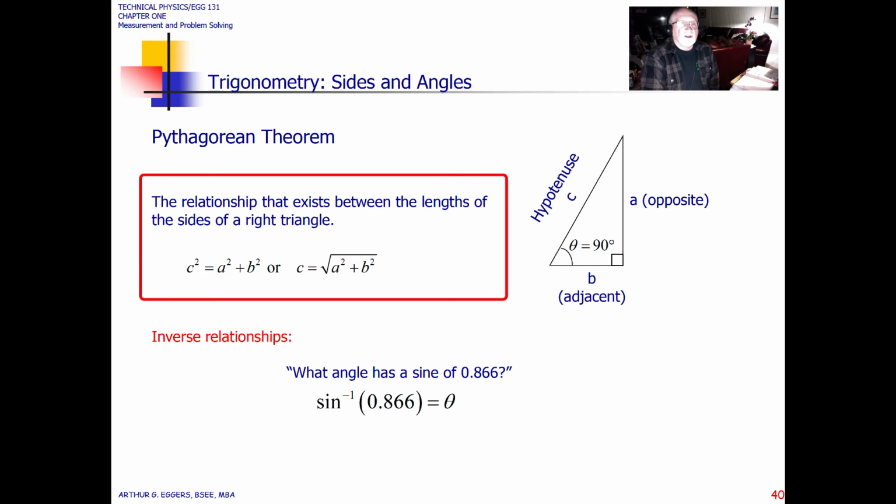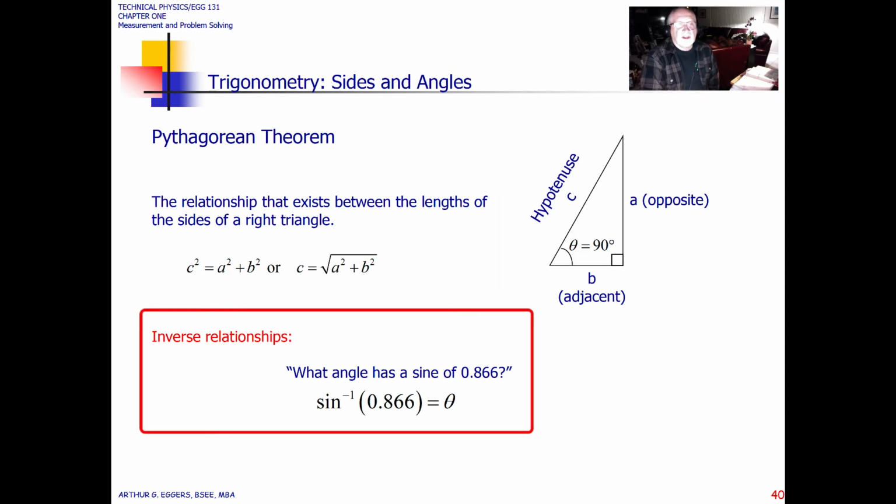We also have to get used to something called an inverse relationship. An inverse relationship asks: what angle has a sine of 0.866? So instead of solving for the relationship itself, the sine, you're asking for the angle that is made up by doing the calculation of the sine.